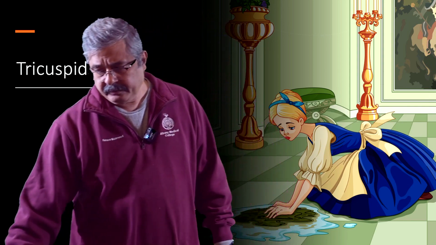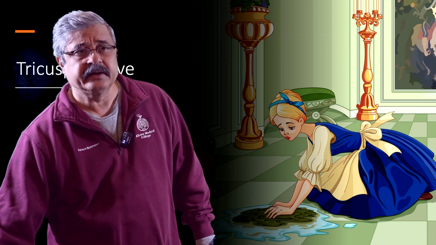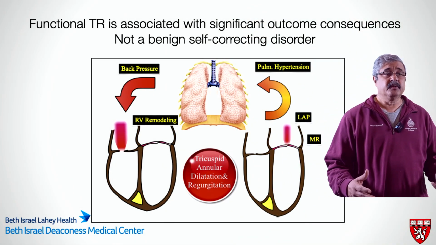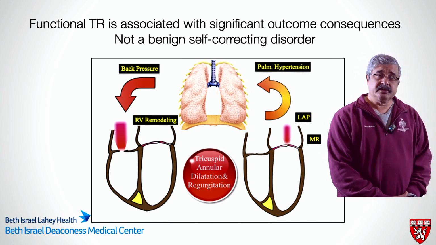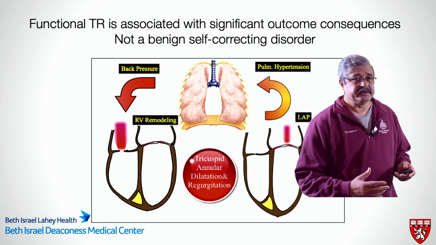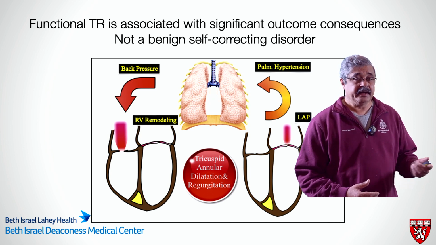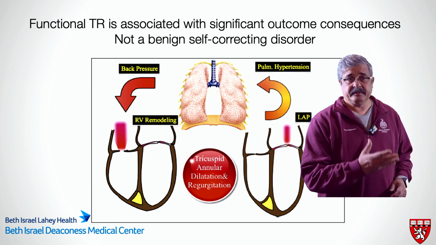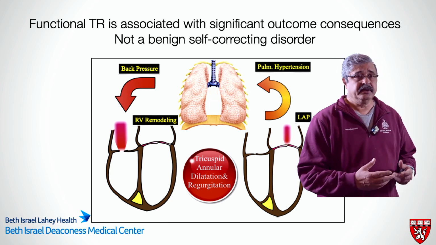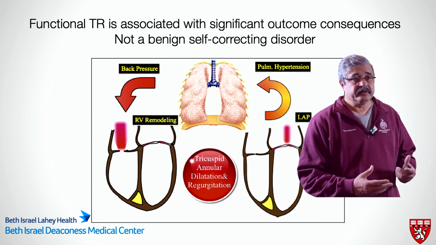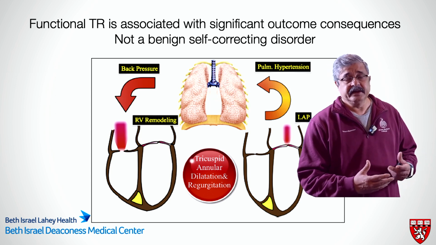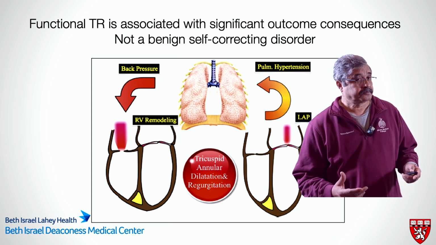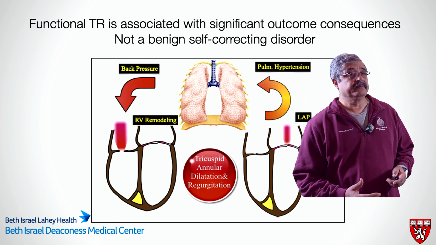And the reason for this is that people have generally assumed that functional tricuspid regurgitation, which is the most complicated and most controversial thing to handle, is a consequence of left-sided disease, which means if you have a higher LA pressure, as you can see in this figure, the higher LA pressure leads to pulmonary hypertension, there's increased right ventricular afterload, leads to tricuspid annular dilation, functional tricuspid regurgitation, and that eventually leads to right ventricular remodeling and right ventricular dysfunction.